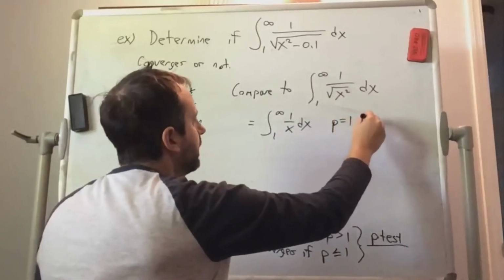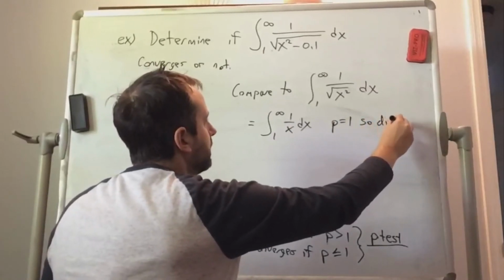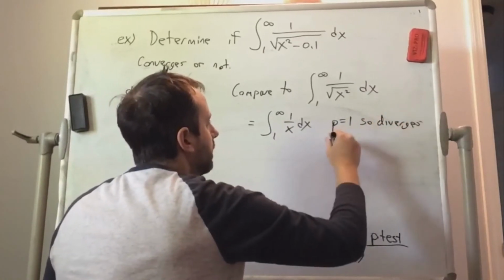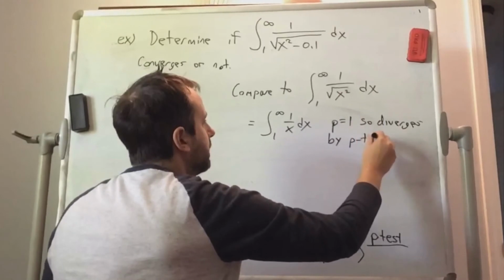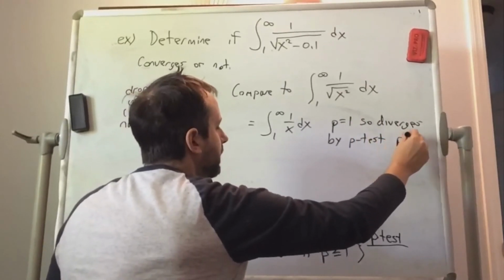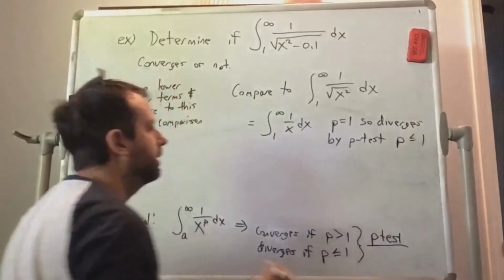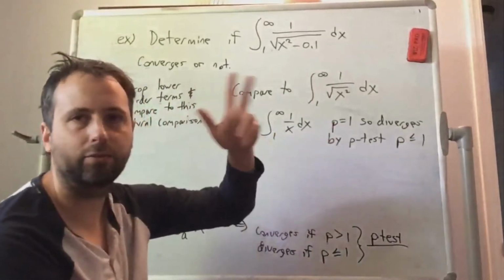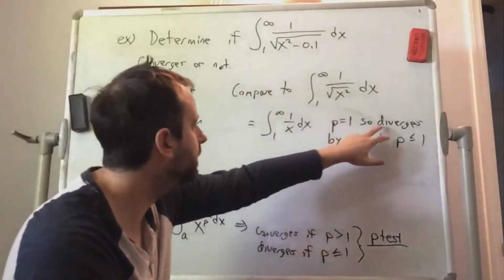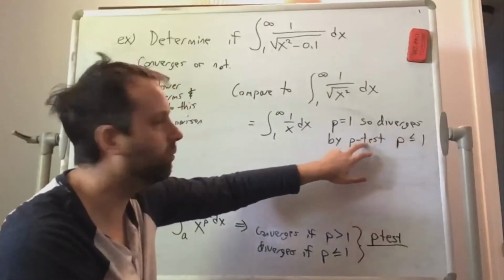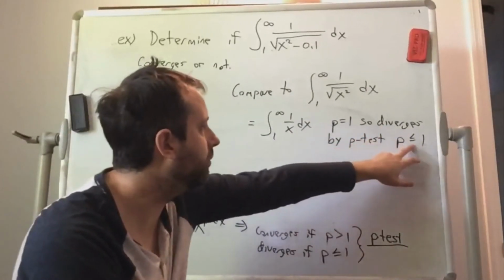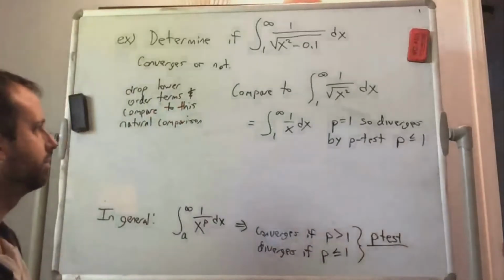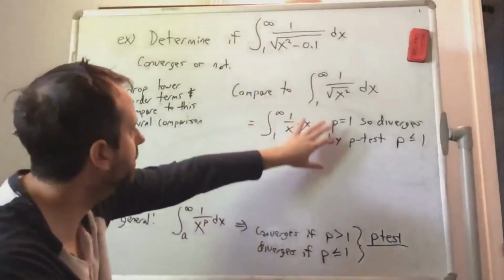So this diverges by the p-test, since p is less than or equal to 1. When you are proving this stuff out, you have to say 3 things for every little proof piece. You have to say what it does, what test you're using, and what's the condition of the test. So this diverges.